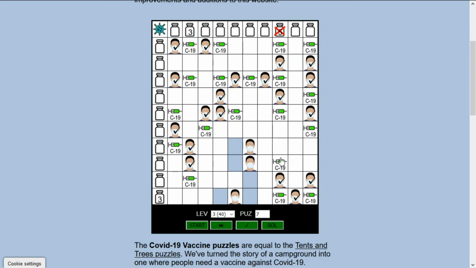Almost there. I need one here, one of those places. When I put it here, then I must put it here, then it's not possible to give both persons a vaccine. So it must be like this, that person. Then this person can get his vaccine.